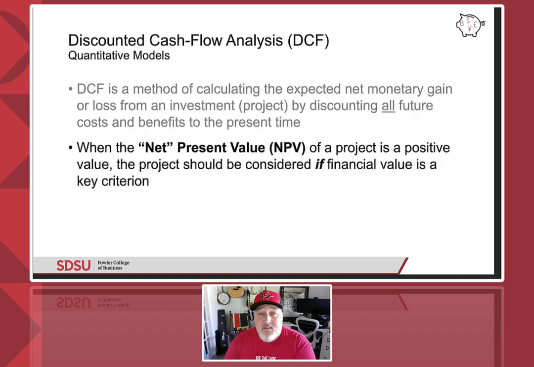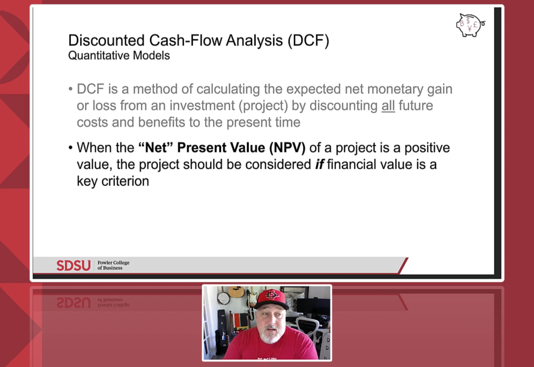The result of all the cash inflows and all the cash outflows, when we mash them together, and we are able to add them up, we get a net present value for the project overall. So how much value is created or lost based upon doing this project? That's the result of a discounted cash flow analysis. It's the net present value of the project.